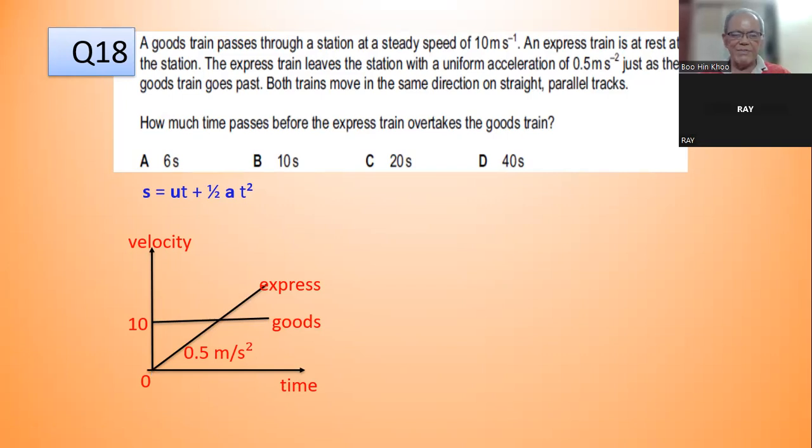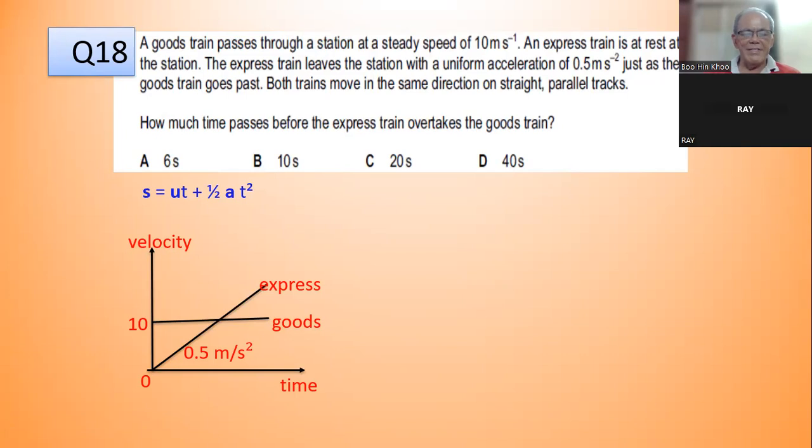The express train leaves the station with a uniform acceleration just as the goods train goes past. Both trains move in the same direction on a straight parallel track. How much time passes before the express train overtakes the goods train?